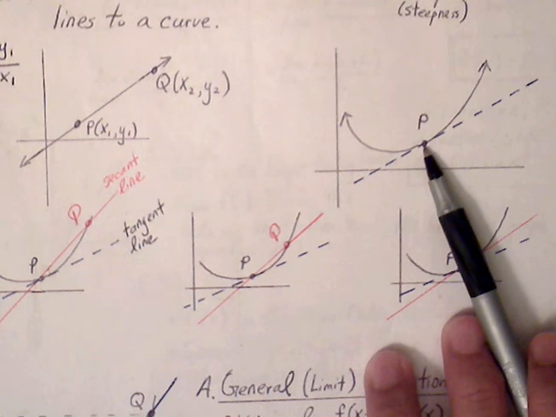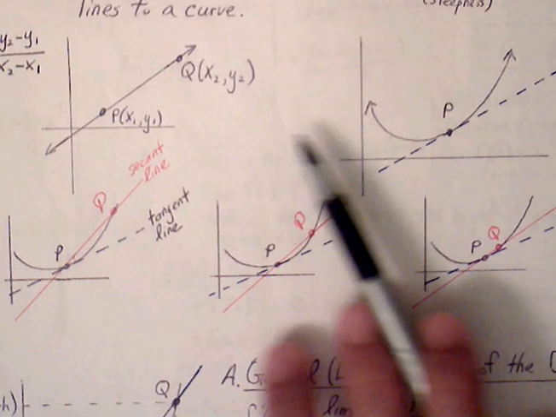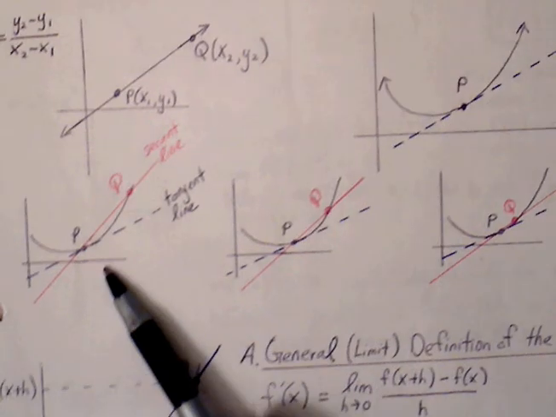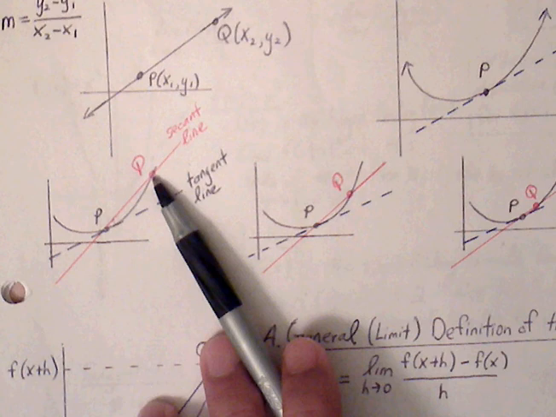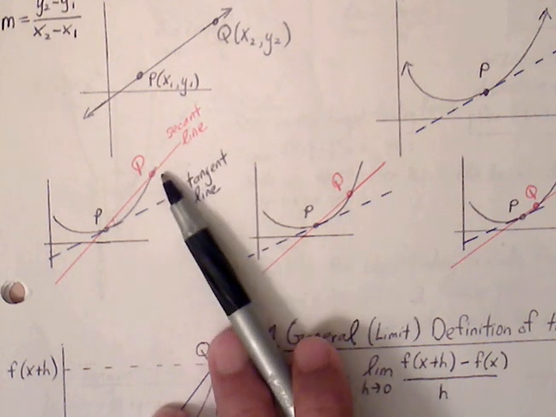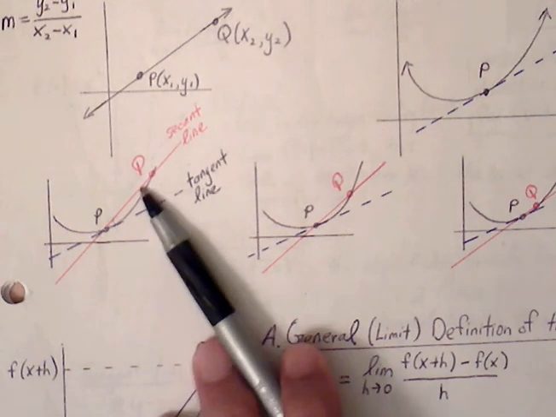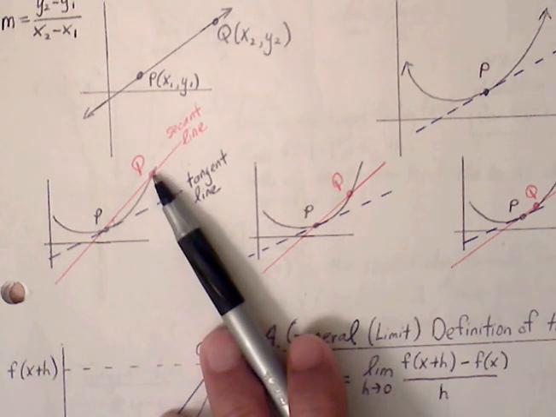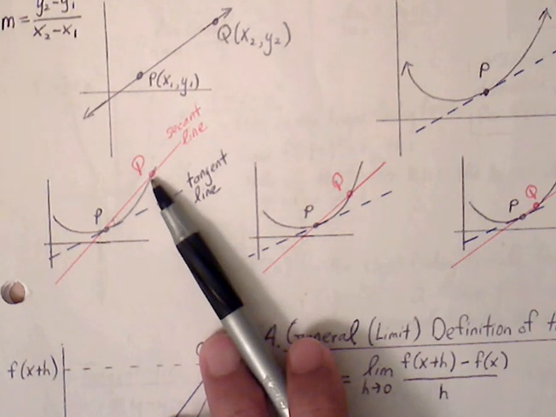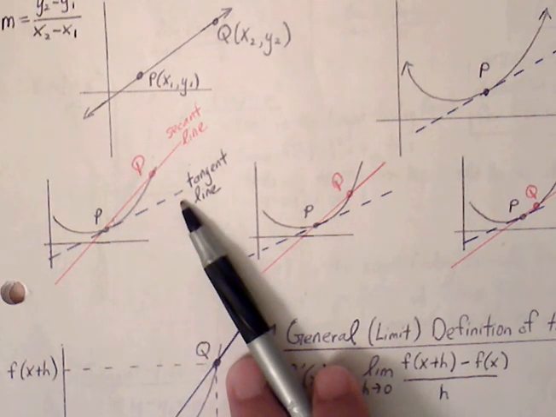So let's start off with an approximation, right? We know that we can find an approximation if we choose 2 points on this curve, which is some distance away from point P. We're going to start off with the approximation, find the slope of this line, and then see if we can adapt this so that we can gain a better approximation to reach towards the slope of this tangent line.